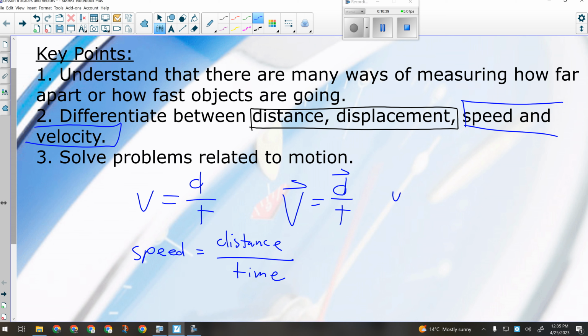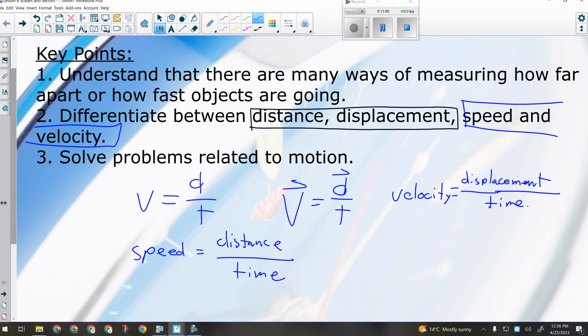This one says velocity is displacement divided by time.